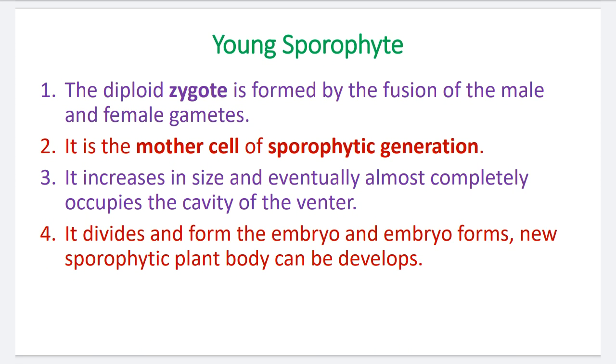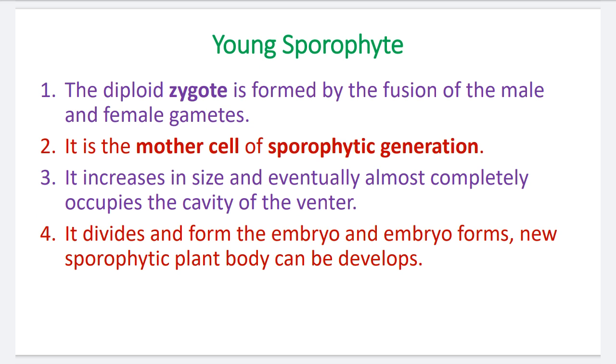Now the young sporophyte. At the time of fertilization, the antheridium matures and the archegonium matures, both ready for fertilization. Before the beginning of fertilization, the neck canal cells and the venter canal cells degenerate and dissolve and form a mucilaginous substance.